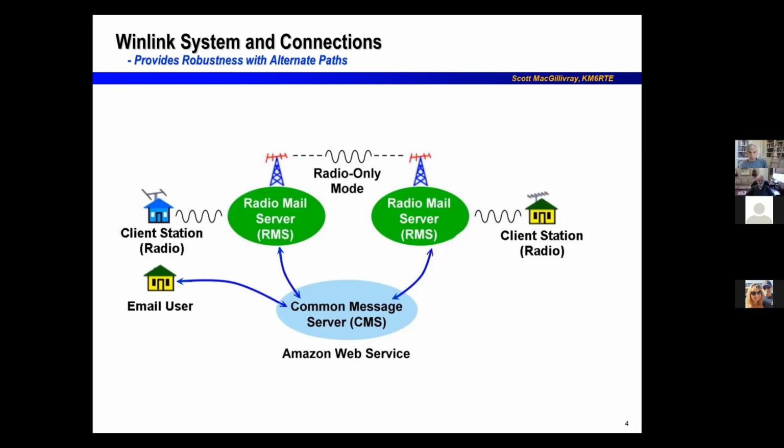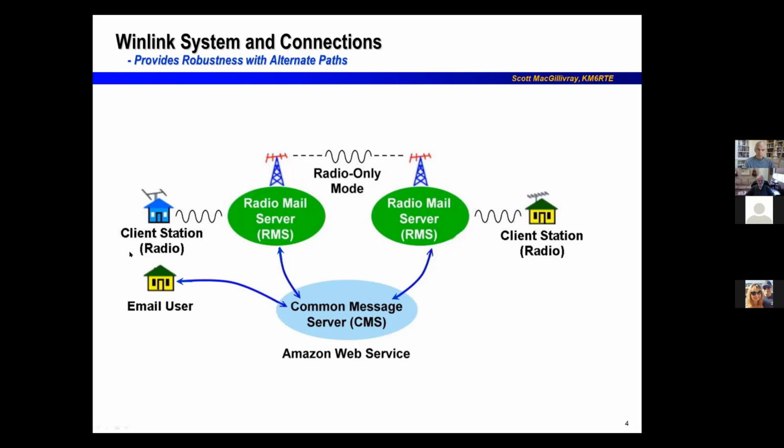If your message is to a Winlink user halfway around the world, it will be located on the CMS server. And when the recipient wants to pick up mail, he'll contact his local gateway server. It will say, hey, are there any messages for XYZ, contact the CMS, download the message, and relay it to your end recipient.